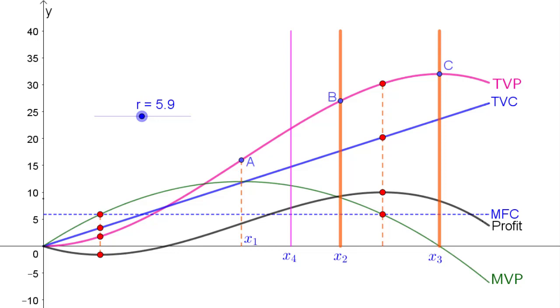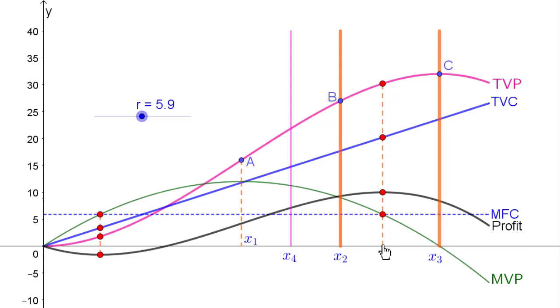That means, for example, if R is equal to 5.9, the maximum profit will be reached at this point. And the assumption here is that the producer can afford this input use.